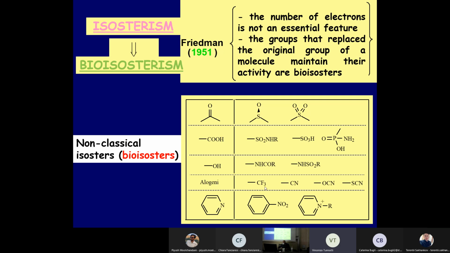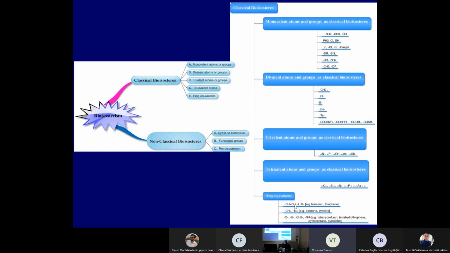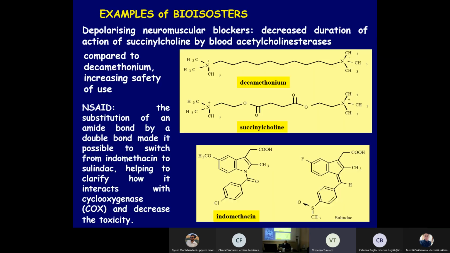The halogens with the trifluoromethyl and other groups, and the pyridine rings with the nitrobenzene or the protonated pyridine rings. Here you can see a summary of this approach. But here we can see some applications of this method.